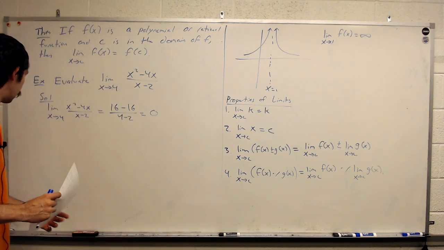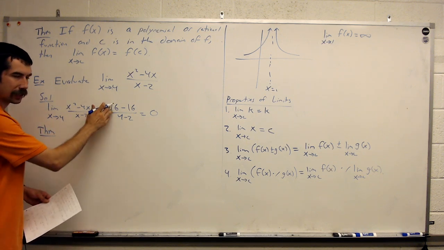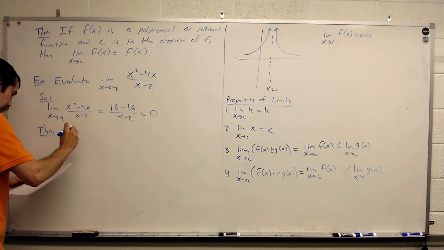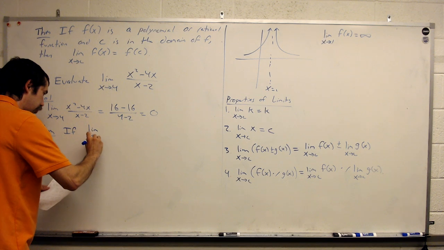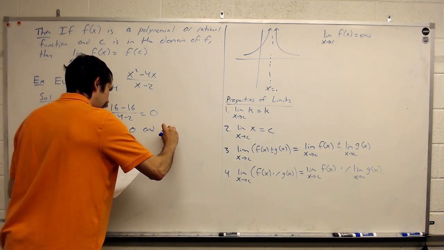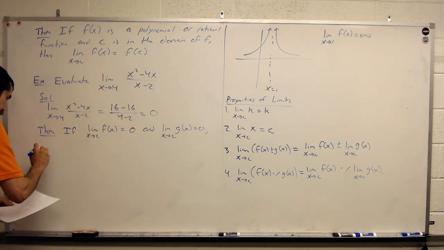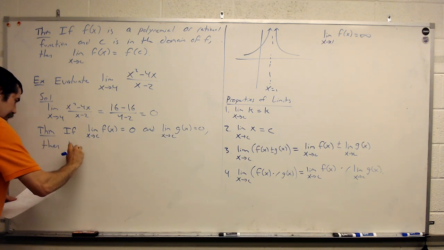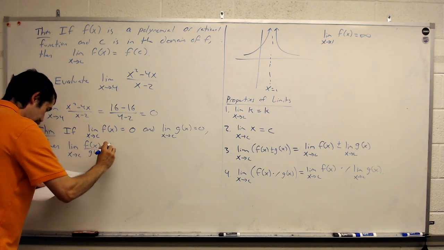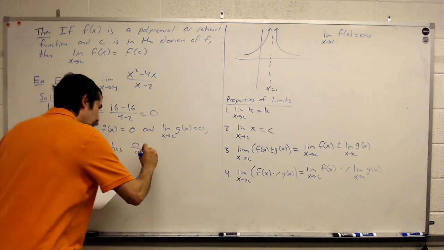Okay, so when you plug the number in, if you get 0 over 0, that's when the interesting things happen. Okay, so if the limit as x approaches c of f of x equals 0, and the limit as x approaches c of g of x equals 0, then the limit as x approaches c of f of x over g of x has what's called 0 over 0 indeterminate form.